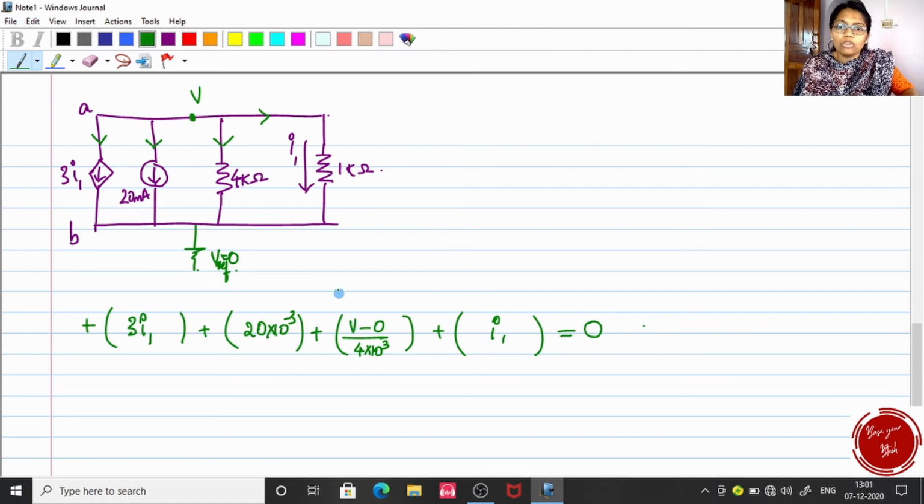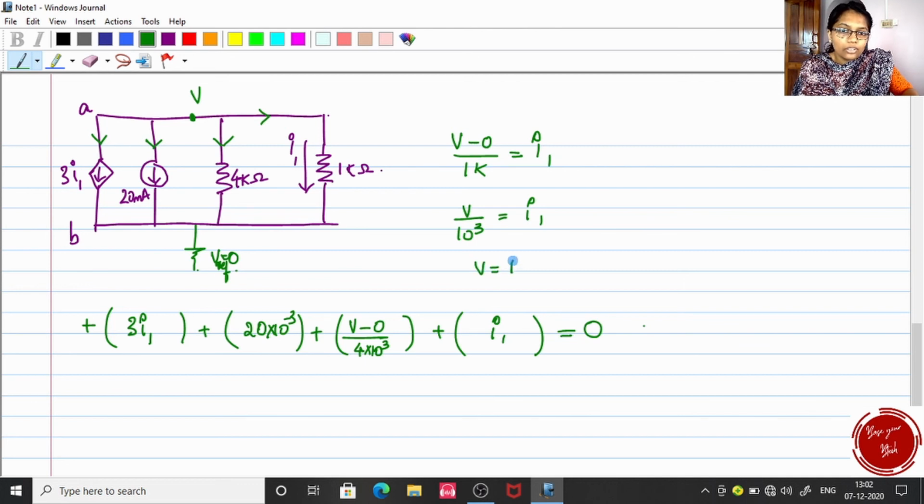Now what's the relation between the voltage V and the current I1? The voltage across the 1 kilo ohm makes the I1 current flow. The voltage across the 1 kilo ohm is V minus 0 divided by 1 kilo, which is actually I1, or V by 10 raised to 3 is equal to I1. Now what is V?